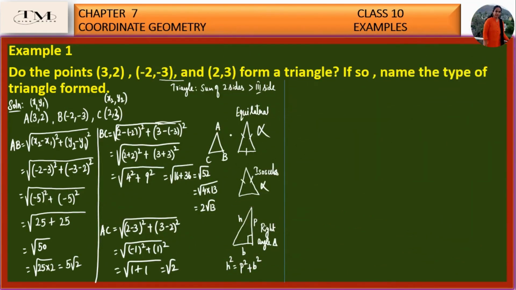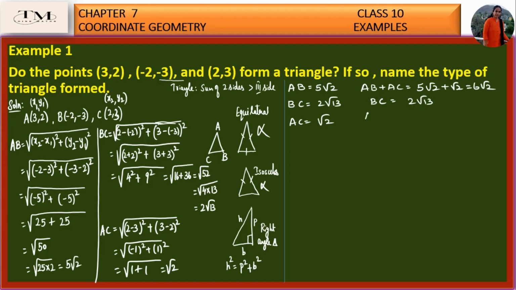So far we got AB is equal to 5 root 2, BC equal to 2 root 13, AC equal to root 2. So if you check AB plus AC, which is 5 root 2 plus root 2, that is 6 root 2. BC is 2 root 13.